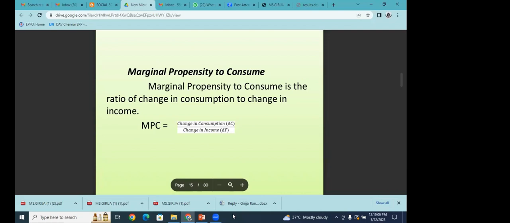Can it be 0? Can MPC be 0? APC can never be 0, we know. Can MPC be 0? Yes. In what situation?